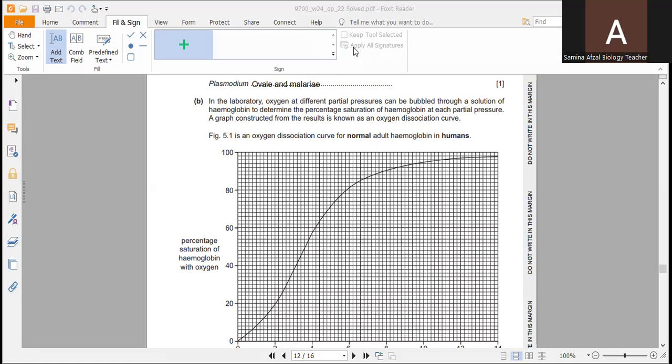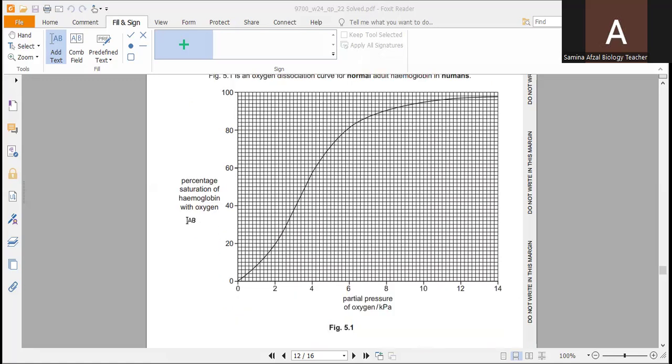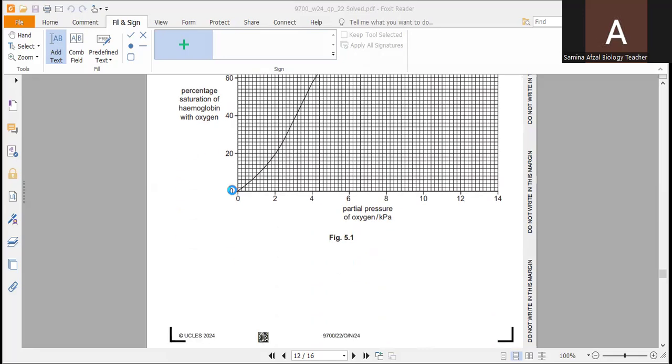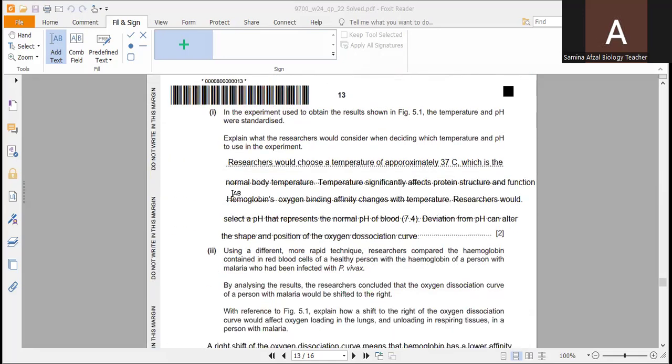You can see the percentage saturation of hemoglobin with oxygen on one axis and the partial pressure of oxygen on the x-axis. They have given both of these, and you can see this oxygen dissociation curve. So this is figure 5.1.